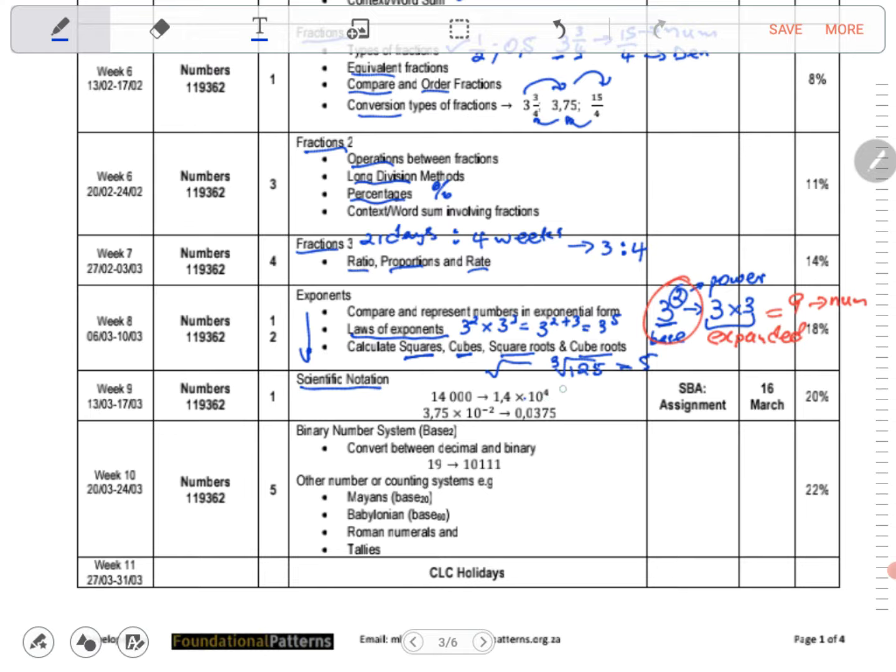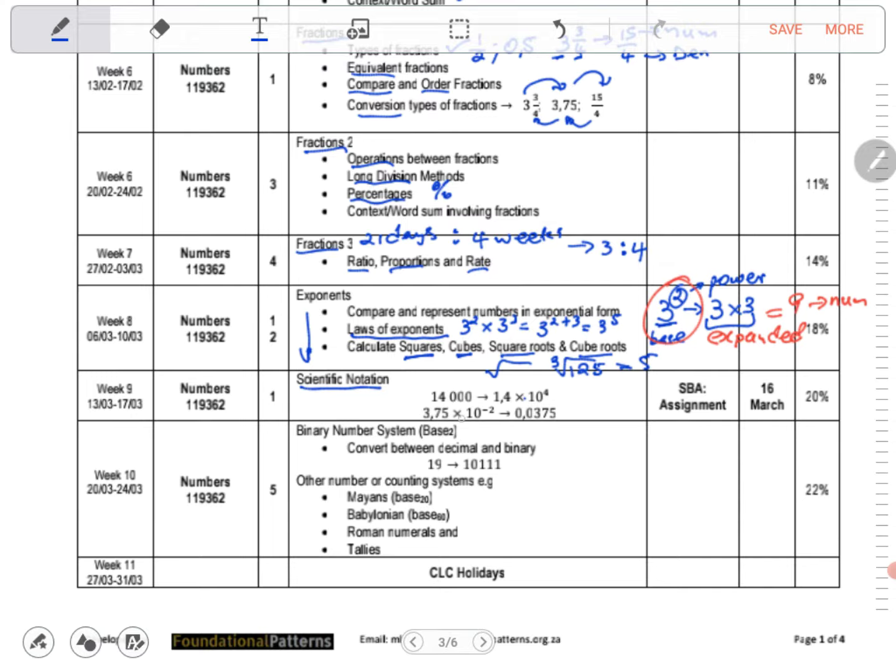What this means is that with a very large number, as you can see in some of your calculators, when you multiply big numbers, the number changes, and you get something like 1,4 times 10 to the power something, and then you don't understand what is happening. That is basically your calculator telling you that the number is too big to be represented on this small screen of a calculator, so it changes the number to scientific notation.